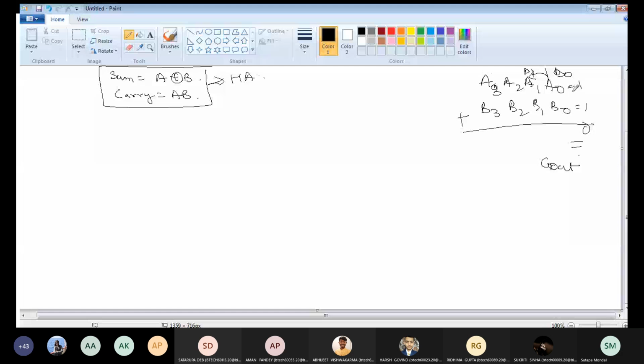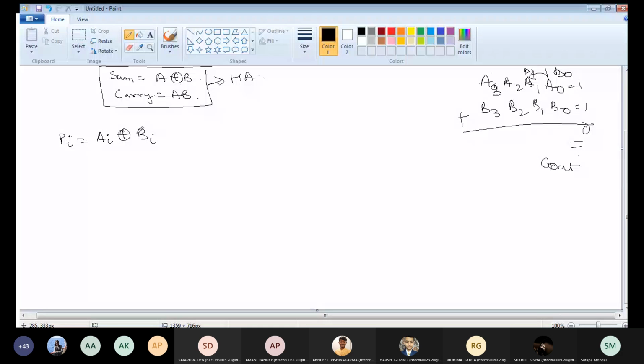So we can write Pi, the carry propagation, is equal to Ai XOR Bi. Here i can be anything, 0, 1, 2, 3, and so on. And carry generation Gi is equal to Ai Bi.